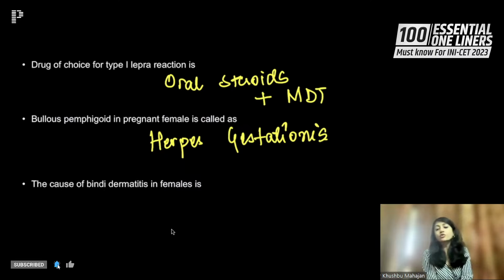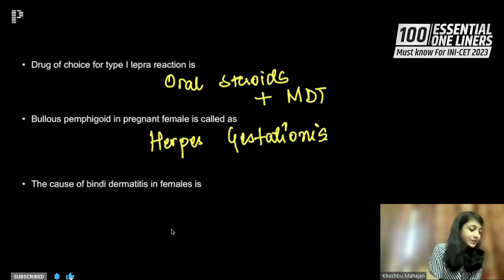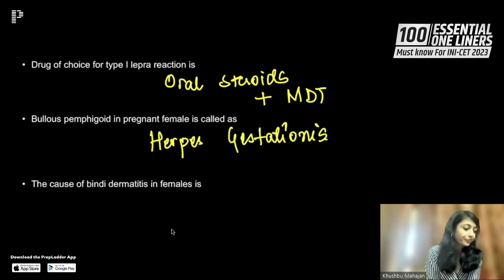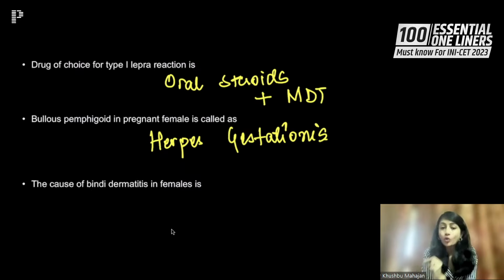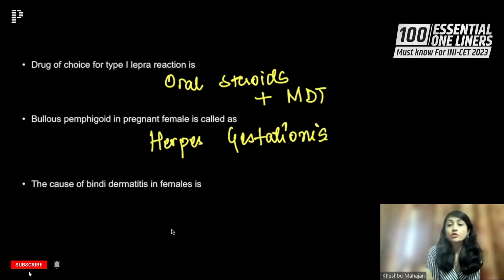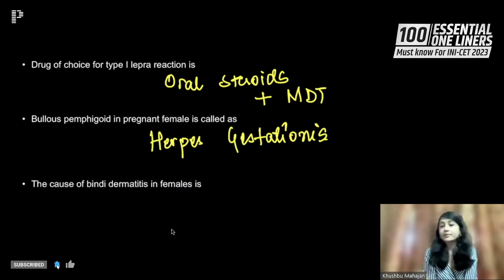Next question. Cause of bindi dermatitis in females is? Divya, you're right. You can also call this pemphigoid gestationis or herpes gestationis. Both these terms are correct. Next question. Cause of bindi dermatitis in females. Most of you know it, right?